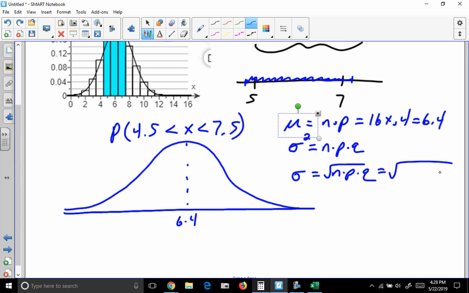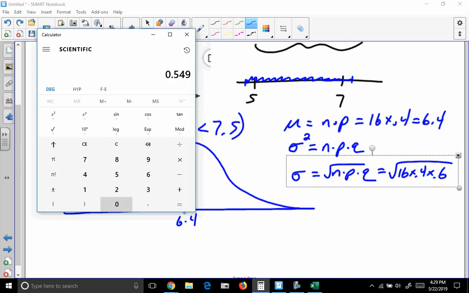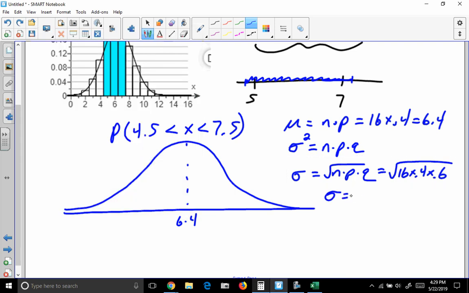So our standard deviation for this distribution is the square root of n, 16, times 0.4 times 0.6. So let's call that 1.96 our standard deviation.